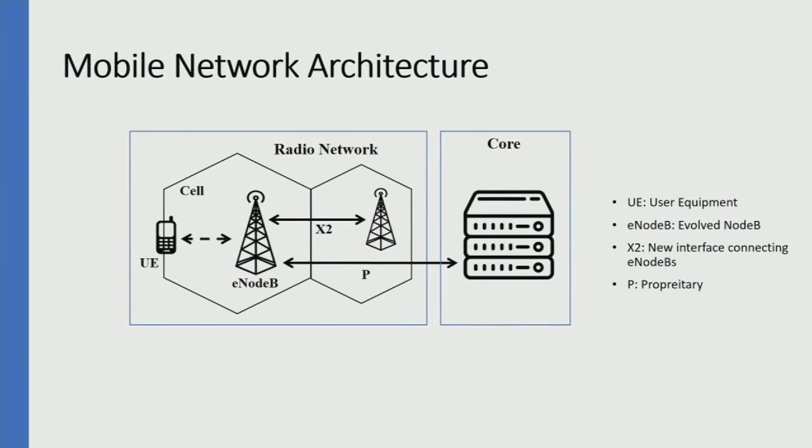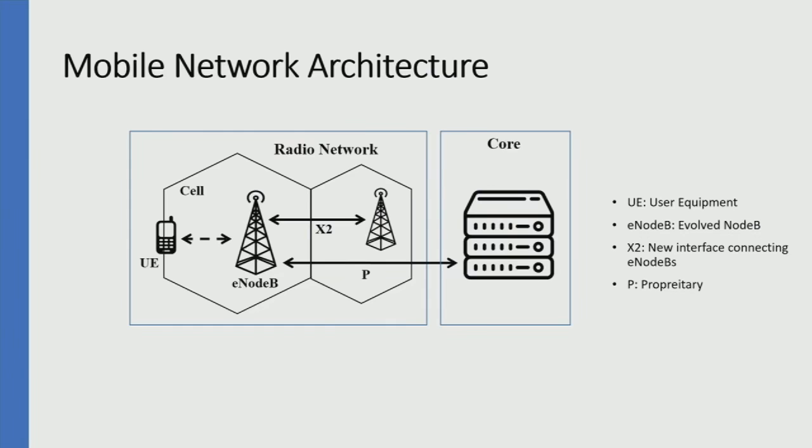Before I start, I just wanted to give you an overview of what a mobile network architecture looks like. This is a simple architecture. It could refer to any generation, maybe 2G, 3G, or 4G. Basically, there's a mobile phone, there's a cell phone tower, and there's a core network. The mobile phone talks directly to the cell phone tower, which covers an area of maybe 10 kilometers, or even less, sometimes 500 meters.